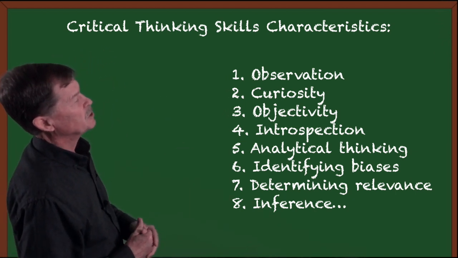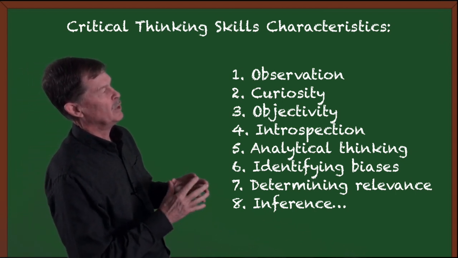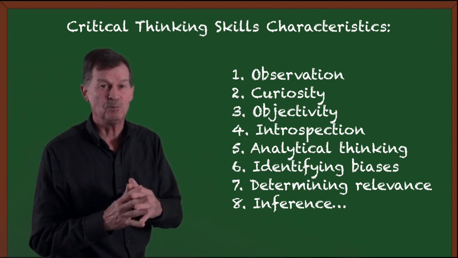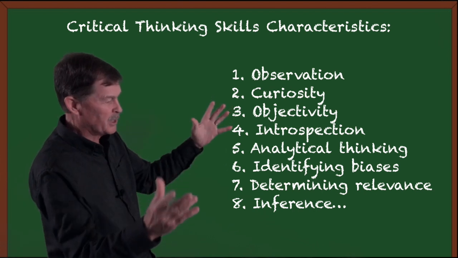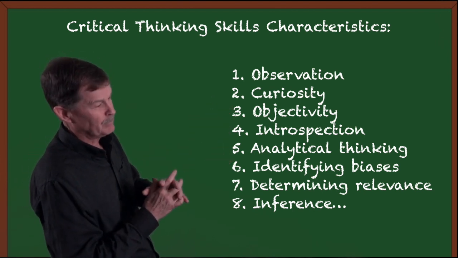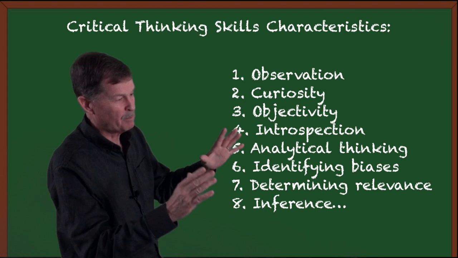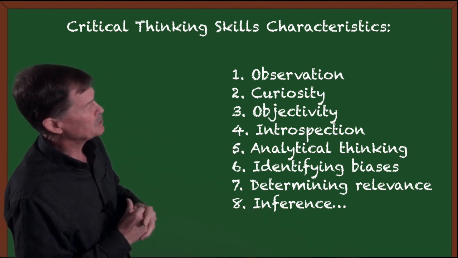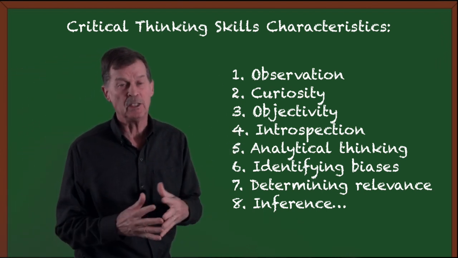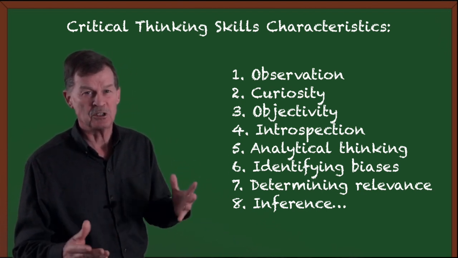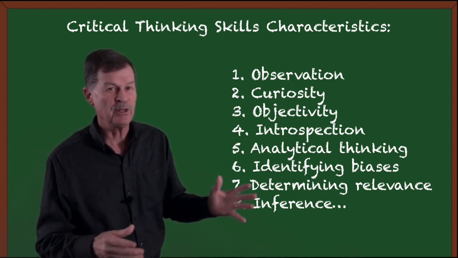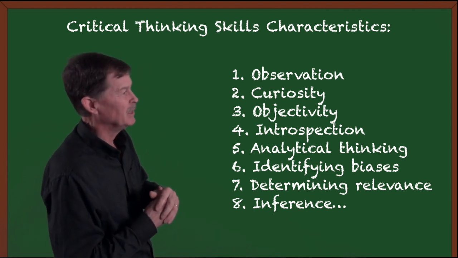One is observation. One of the skills required is to be observant, to be able to capture what is happening around you. Number two is curiosity. You must be curious about why things happen or how things happen or why it is that way.